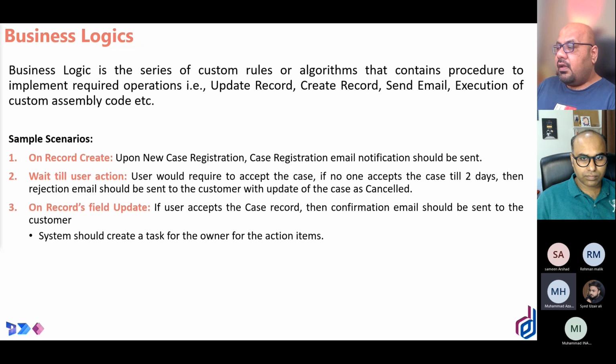For example, you would require some acceptance from the business user, and if nothing happens, then the case should be canceled. That's a complete custom logic that you would require to build. Similarly, based on the customer acceptance, you would require to send a confirmation email or create another task, or any kind of business logic that you're going to apply.